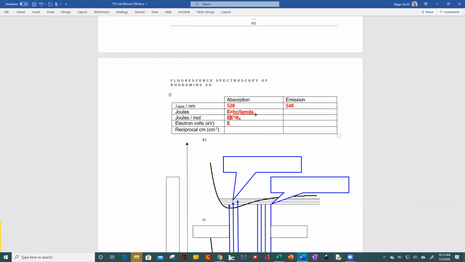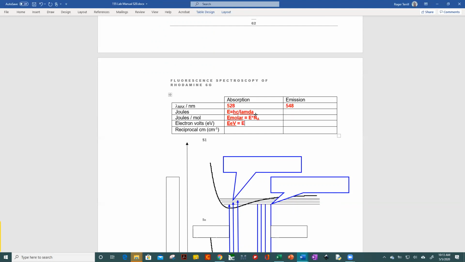So this is like E per mole. And then E in eV is equal to E molar. Oh, wait. I'm not sure if you use E particle or E molar. Probably E particle.